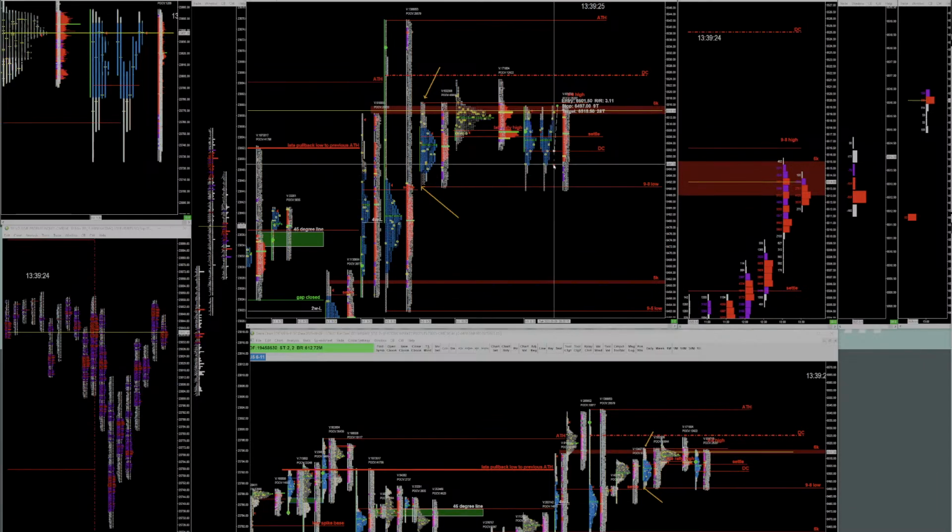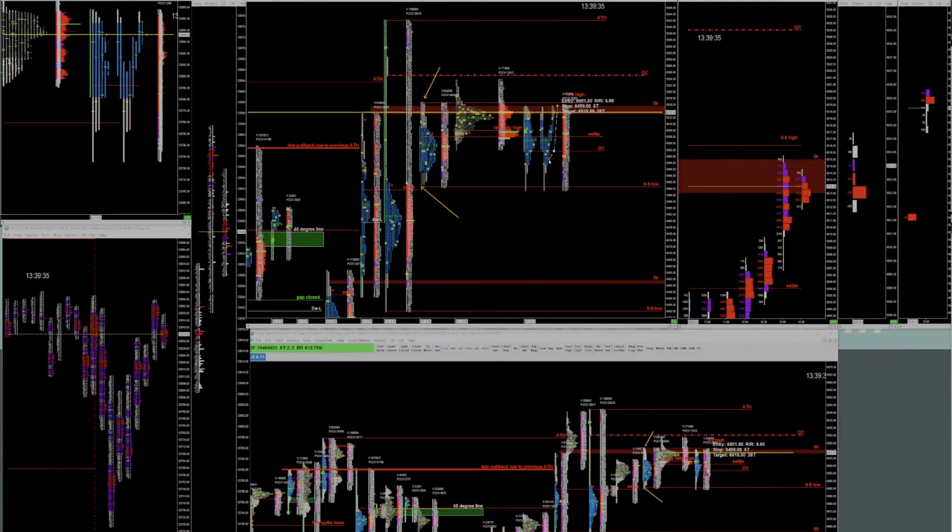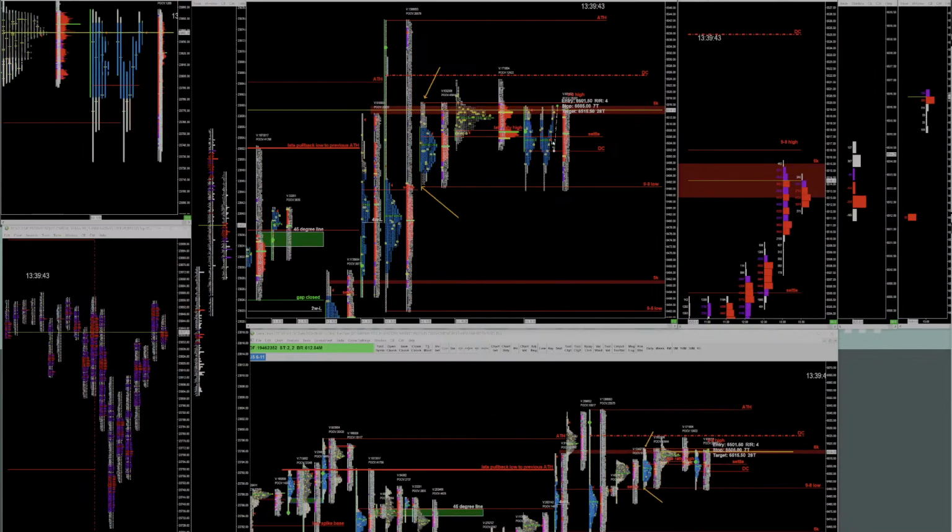When things like this happen, the next thing you have this low, then you have this one, and then you have this one. If the market comes and checks this one out, that's it. There's no more. And when the trade starts to work, you can even move it up here.